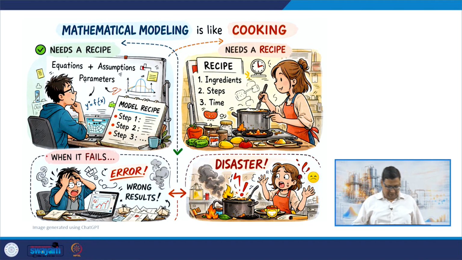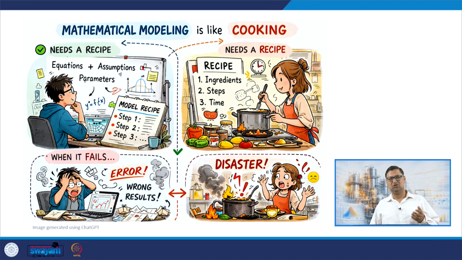So, let me now try to build some kind of a recipe for a mathematical modeling that we want to do. And when I say recipe, the natural tendency is to think about what we do in cooking. We talk about recipes in cooking, right. What I want to tell you is that mathematical modeling in some respects is no different from cooking, right. Why is that?